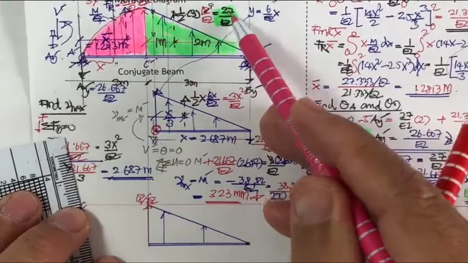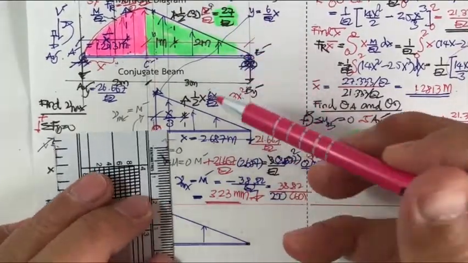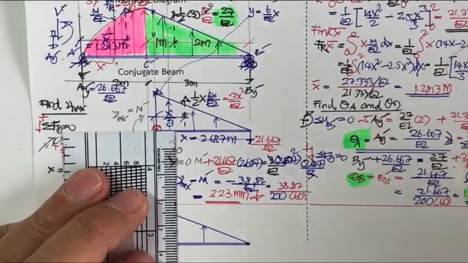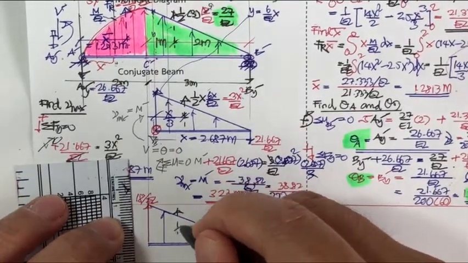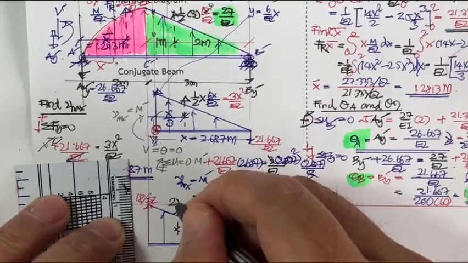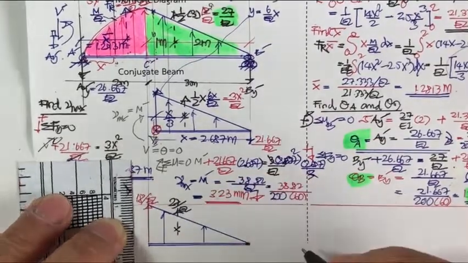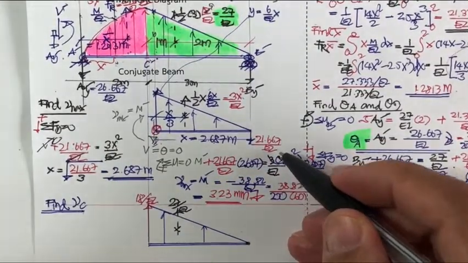And you have this one, 27 divided by EI. This is the resultant force of this, 27 divided by EI, and this one the same.